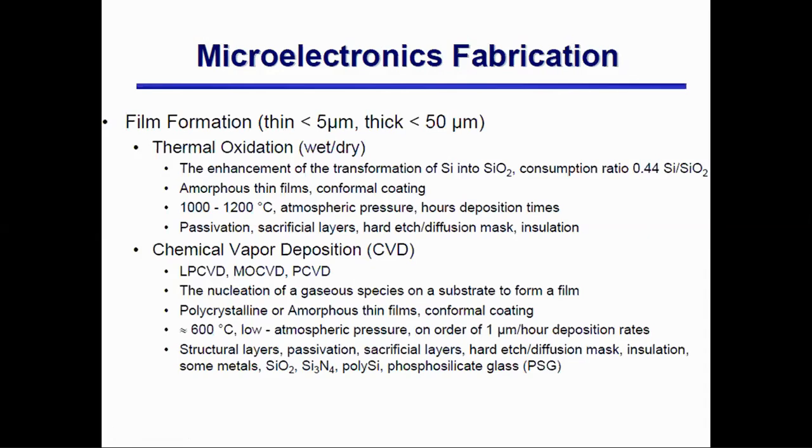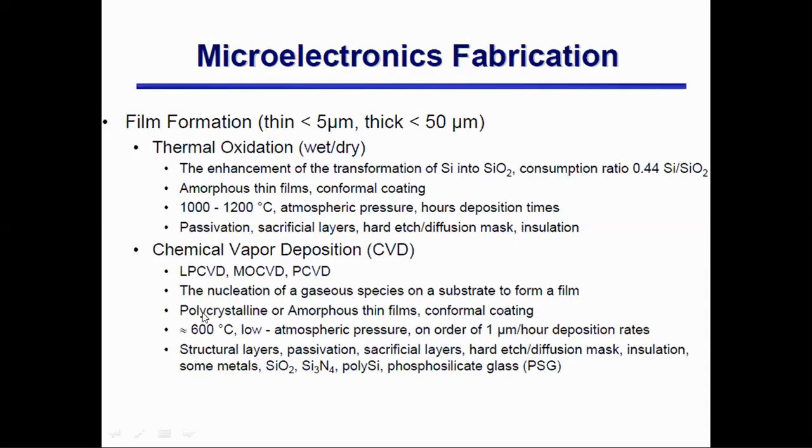The nucleation of gas species on the substrate to form a film. So we would supply a variety of gases depending upon which layer you want on the substrate, and those gases would react with the silicon wafer, and a layer of material would be formed on top of the silicon wafer.